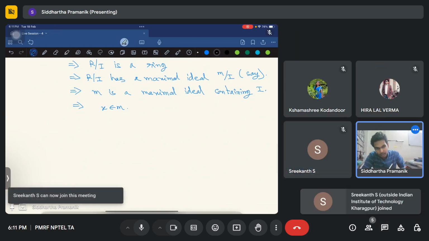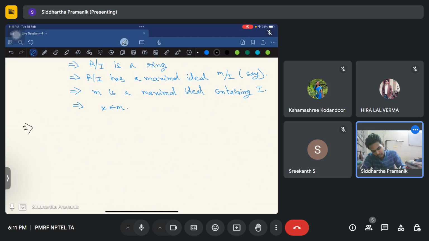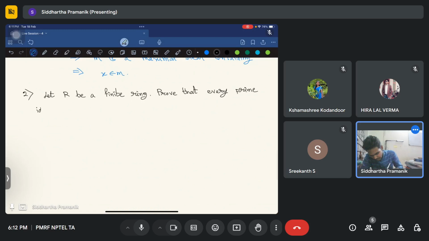Okay, so let's see the next problem. Let R be a finite ring, then prove that every prime ideal in R is a maximal ideal.